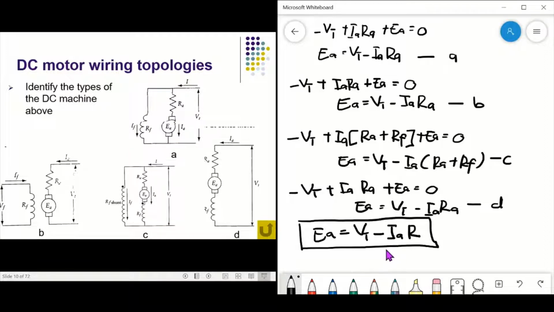In a compound DC motor, R is equal to RA plus RF.